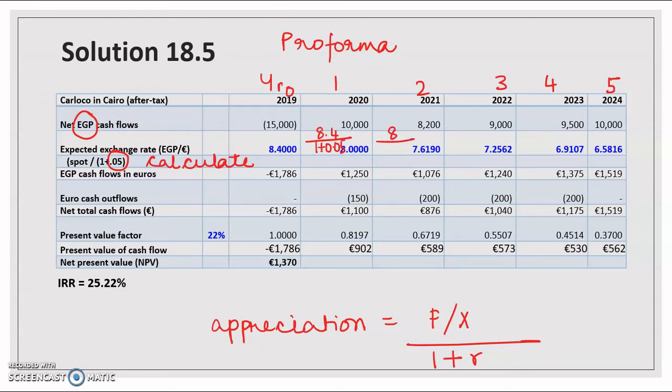It's going to be a cumulative calculation, right? 7.619 divided by 1.05. So keep your calculators ready and keep dividing by 1.05, in order to get the subsequent values. Again, for the fourth year, it will be 7 point.